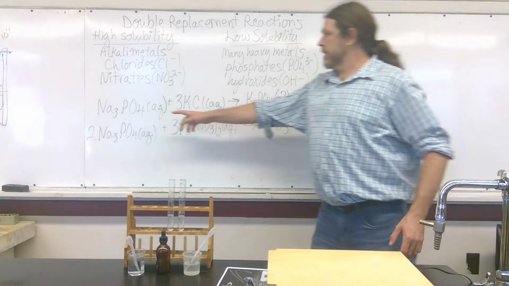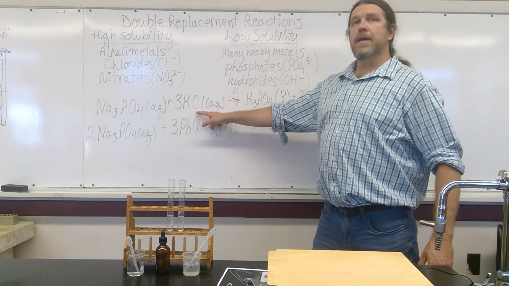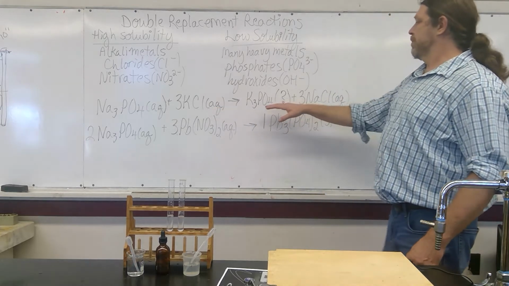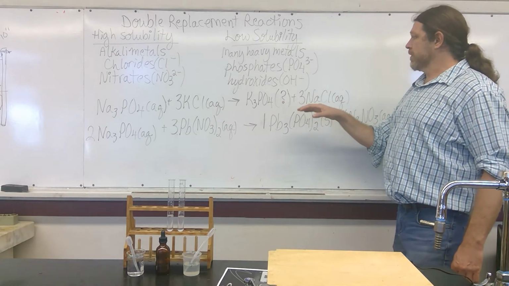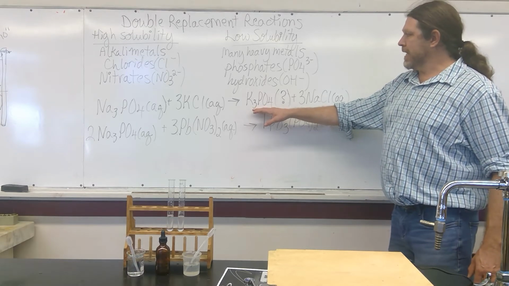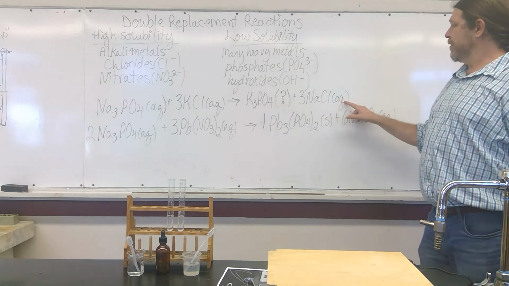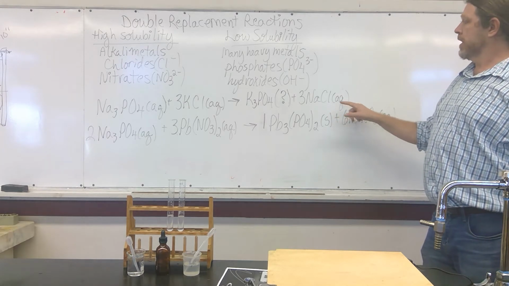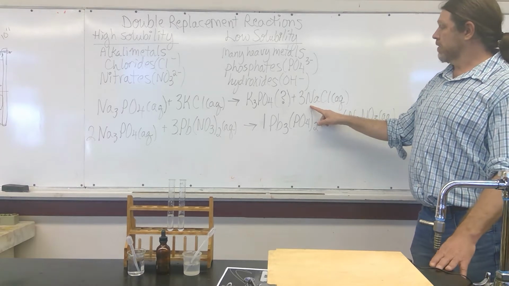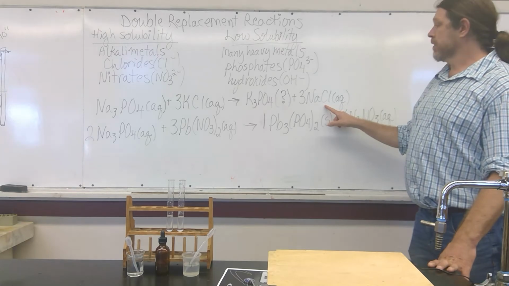First of all, we're going to take a look at what we predict will happen when sodium phosphate and potassium chloride combine. I've already gone ahead and predicted the products and balanced it. We can see that we have a predicted potassium phosphate and sodium chloride as the products. I put AQ for aqueous because sodium chloride has a highly soluble alkali metal and a highly soluble chloride ion.